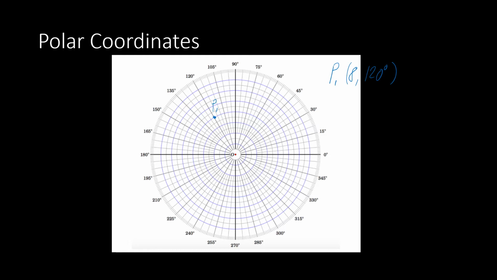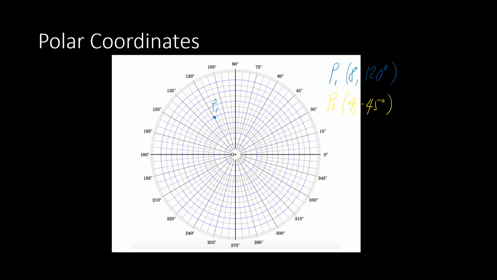Next, say for example, our P sub 2 has coordinates of (4, -45 degrees). So we can start with the angle -45 degrees. Since it is negative, it should be in the clockwise direction. So -15, -30, and -45, and then 4 units.